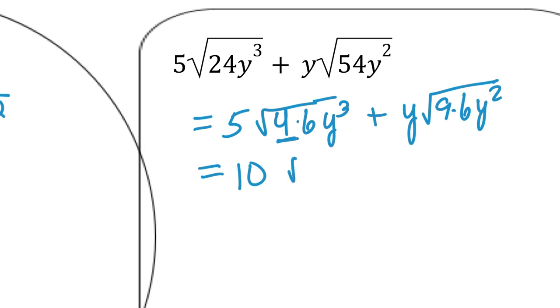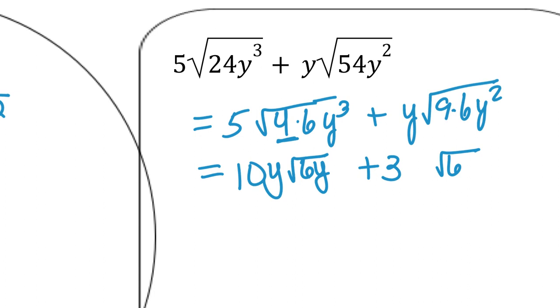The 6 is going to have to stay inside. For y cubed, I got 3 divided by 2, which is 1. So 1 comes out with a remainder of 1. The other side, I got square root of 9, which is 3. Then I have the 6 staying inside.